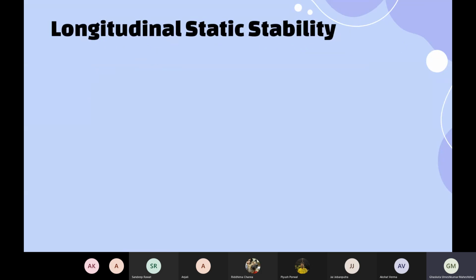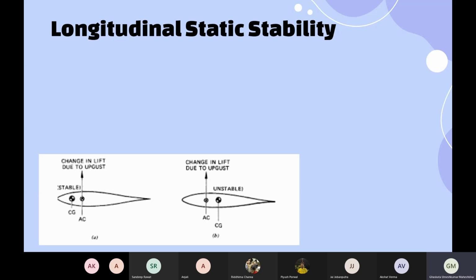Now let's learn more about the neutral point with the help of longitudinal static stability. In this diagram, if you want to write the moment about the CG, we can write this equation. The moment about the center of gravity is equal to the moment about the aerodynamic center, which is nose up, so we take it as positive, and the moment due to the lift is nose down, so we take a negative sign here.